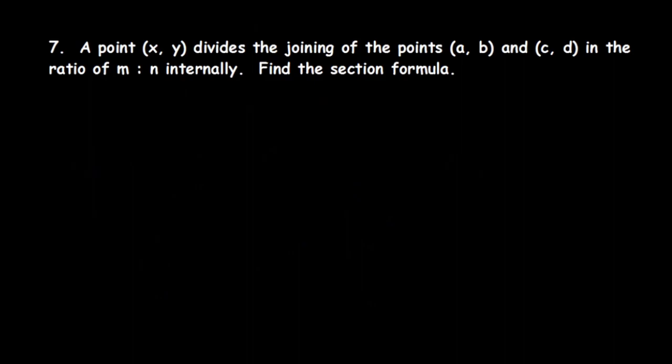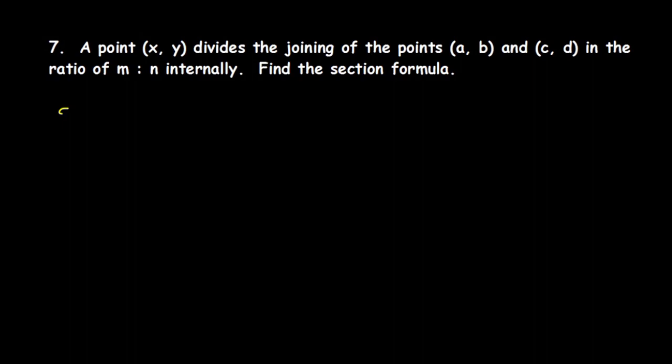So the next question. A point (x, y) divides the line joining the points (a, b) and (c, d) in the ratio m:n internally. Find the section formula.